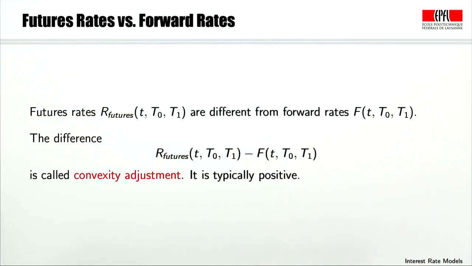As a consequence, futures rates are generally different from forward rates. The difference of futures rates minus forward rates is called convexity adjustment. This difference is typically positive.